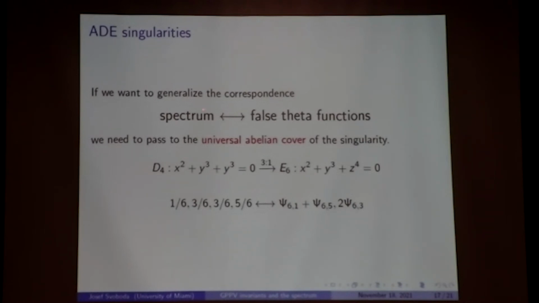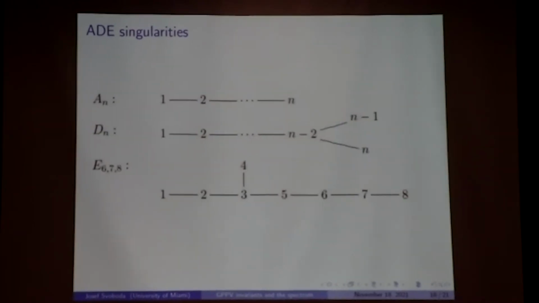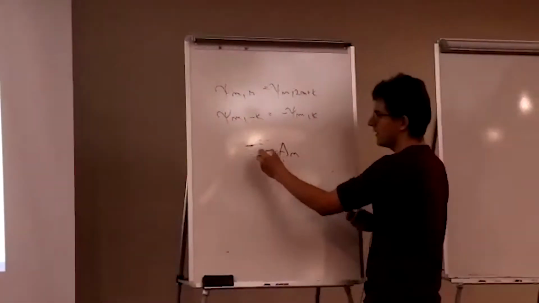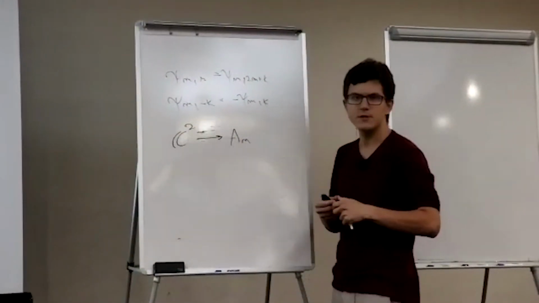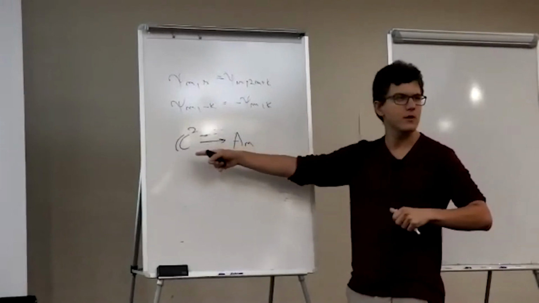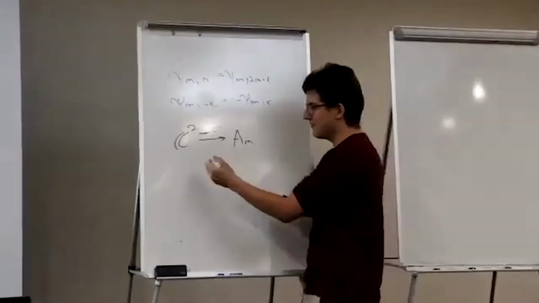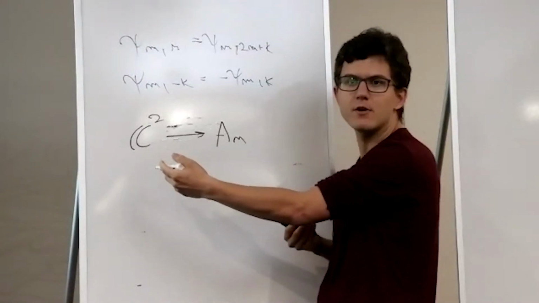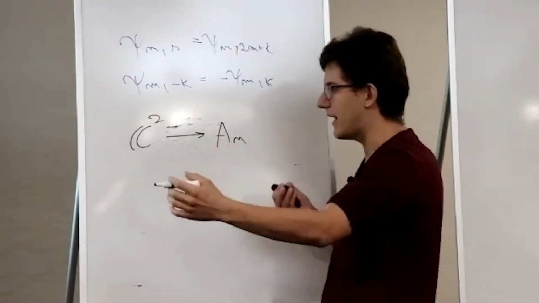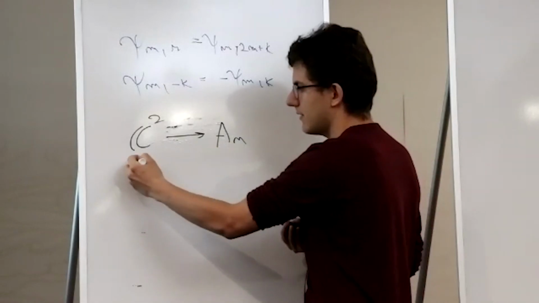And you can do it for all the ADE singularities. For example, if you take just A singularities, then I don't have it on the slide, but the universal abelian cover is just C2, because this is a quotient singularity of C2. So there is no singularity for the universal abelian cover. It's just the non-singular plane. So the spectrum is empty.